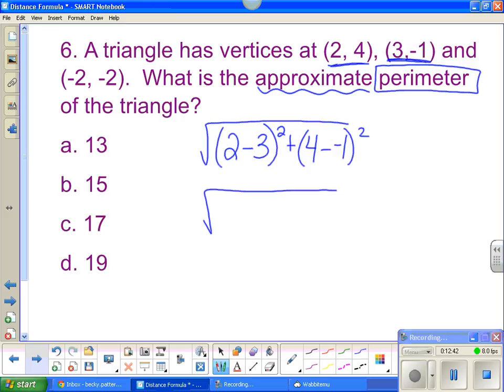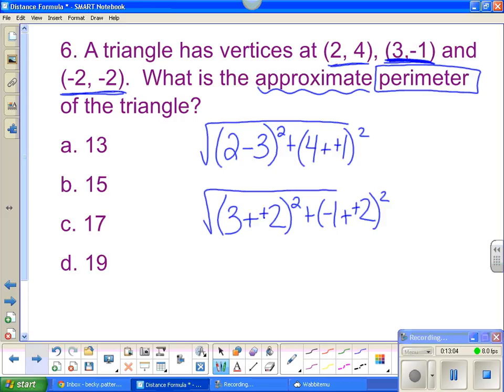And then I'm going to do the distance formula between this point and this point, the middle one and the last one. So x minus x squared plus y minus y squared. I'm going to go ahead and plus plus on my double negatives.